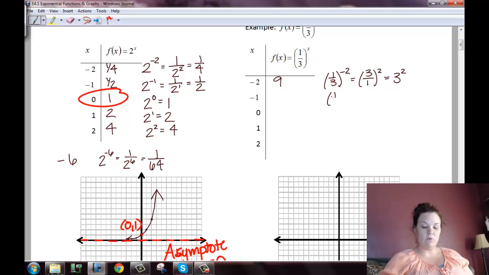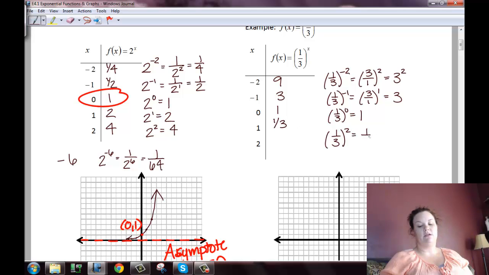When I do 1/3 to the negative 1, the negative flips it, so I get 3 over 1 to the positive 1, which is just 3. 1/3 to the 0, anything to the 0 power is 1. 1/3 to the first power is 1/3, and 1/3 squared gives me 1/9.